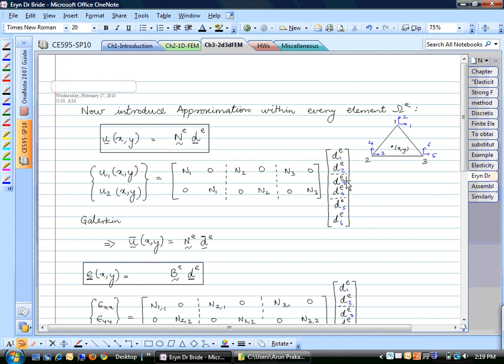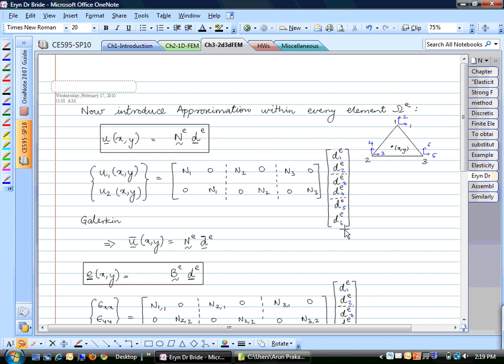So this is a very similar form, and if you take a look at the individual scalar equations, this is N1 times d1, N2 times d2, N3 times d3. The same type of thing that we had before for the scalar problem. So all we are doing is just expressing it in a little different form. So this is our shape function matrix.